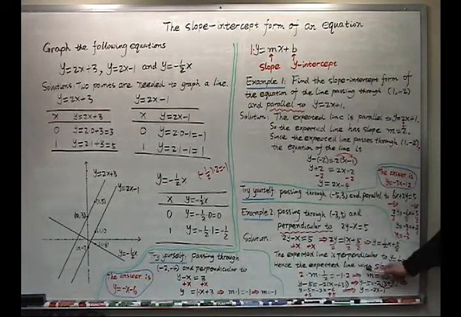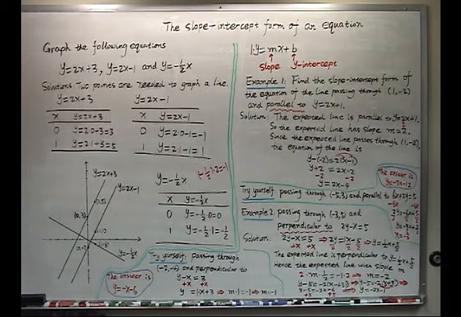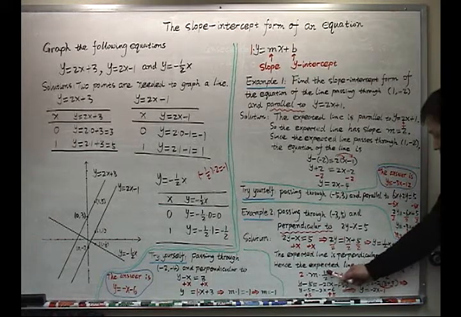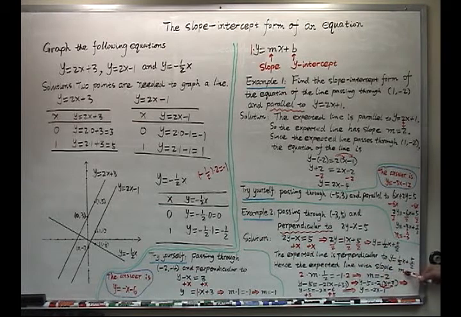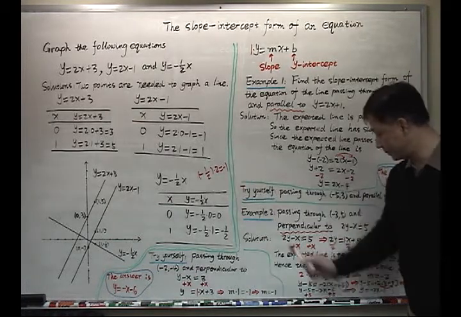And our expected line with slope m, which we don't know, is perpendicular to this line with 1/2 as the slope. So the slope of the expected line times this slope should be negative 1.